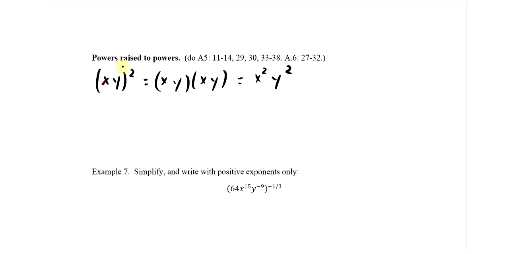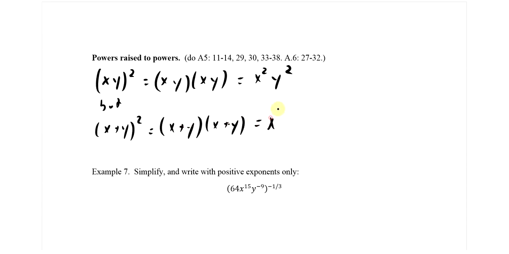But x plus y quantity squared, as we saw in the previous video, means you have to multiply it by itself. Because of the addition, you have to FOIL it out. And so you end up with x squared plus 2xy plus y squared.